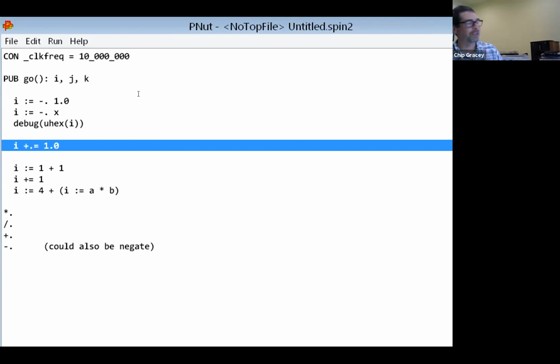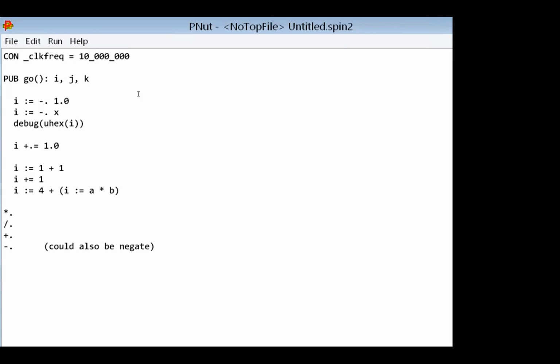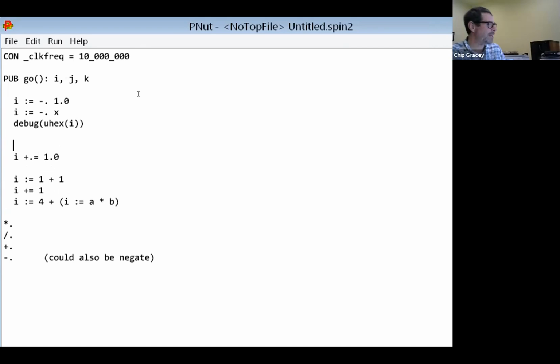Yes, technically, yes, and it is the correct notation. Do those operators exist in other languages with floating point? Well, they would just say plus equals, because they have types, right? We don't have types. So if we want to do this with floats, we'd better say that it's a float.